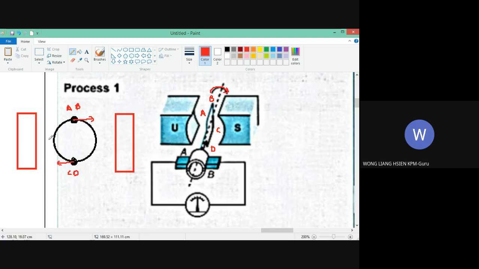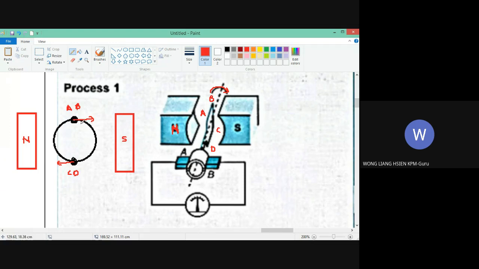So if it's moving like this, this is north, this is south. This is N. U is Utara, north. So when it's moving like this, you see the direction of the motion of the coil is parallel to the magnetic flux.